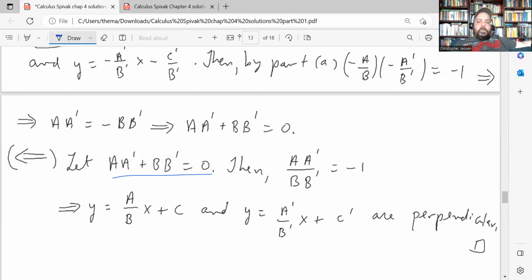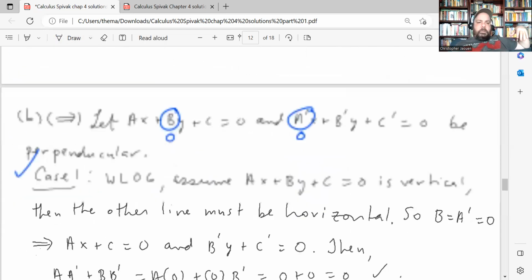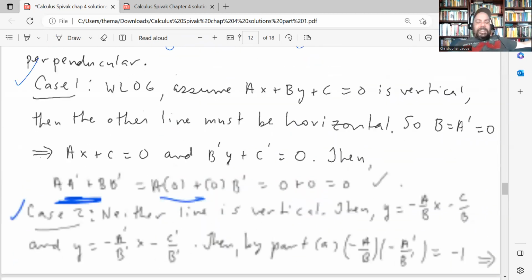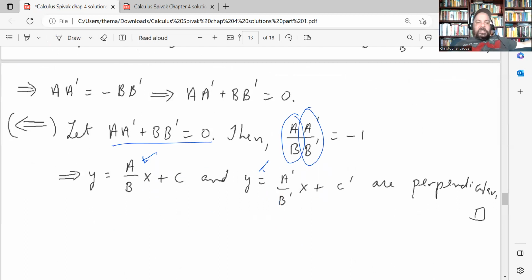And if we use this factor as the slope of a line here and this factor as the slope of a line here, then the product of the slopes is -1. So by part A, I already forgot when we did this in part A, that means that the two lines are perpendicular, and that's the proof.